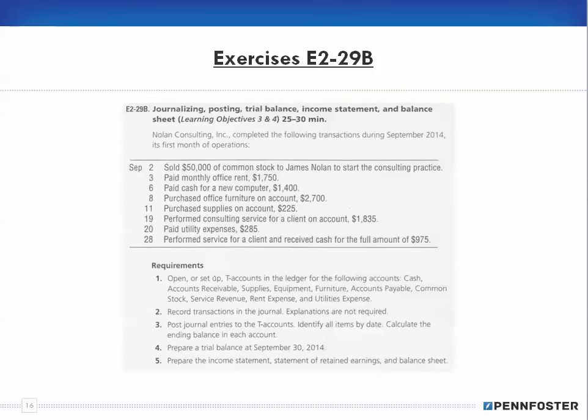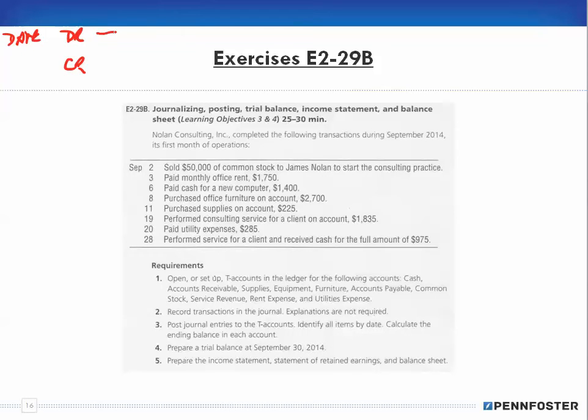The reason I have the solutions next to me is to coordinate the exercises in this video so it makes a little more sense. When you're making a journal entry, the format is you have your date, and then your debits, and then your credits. Debits come before credits.